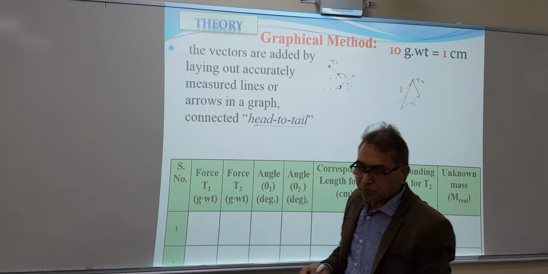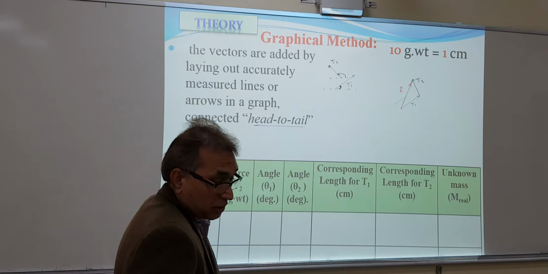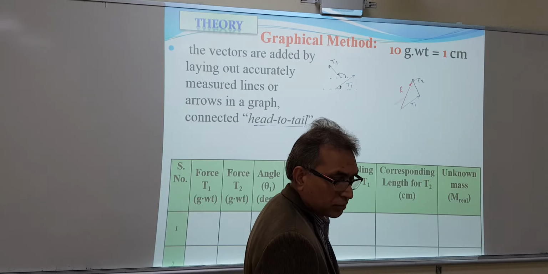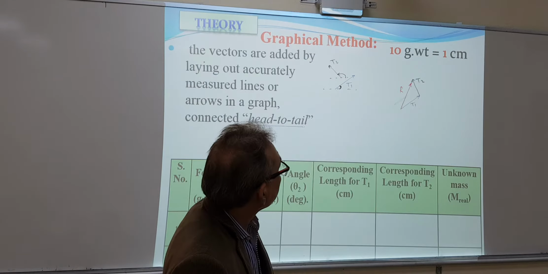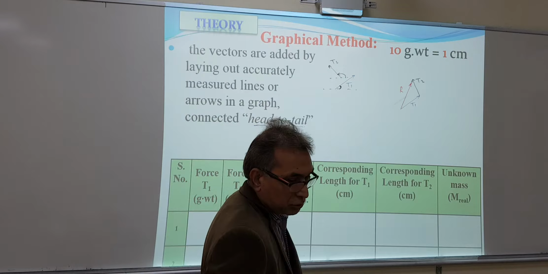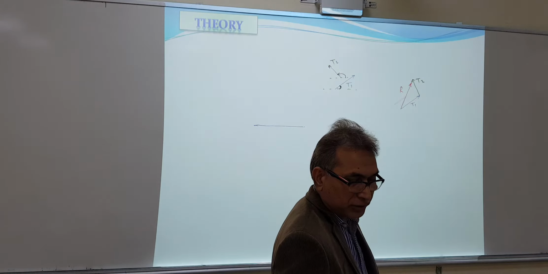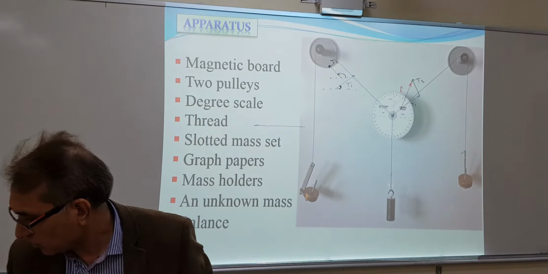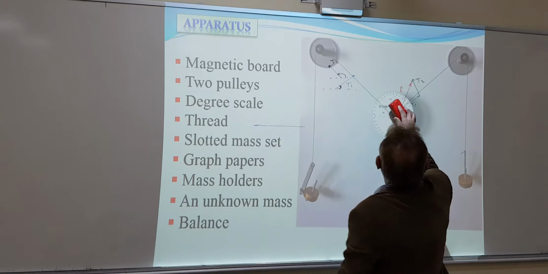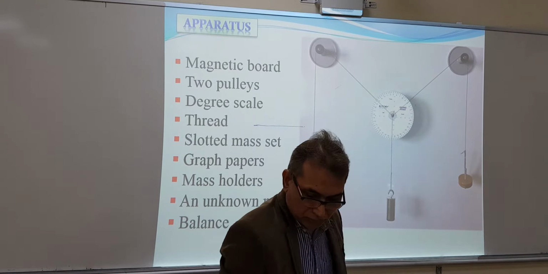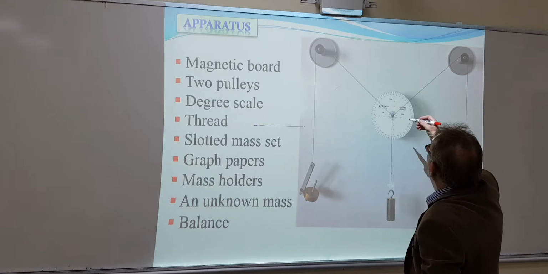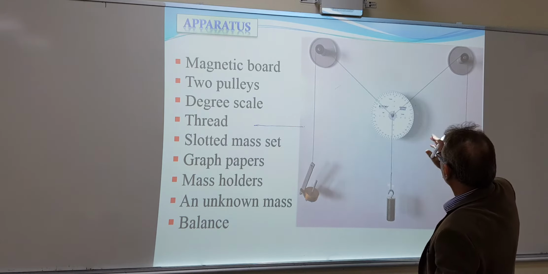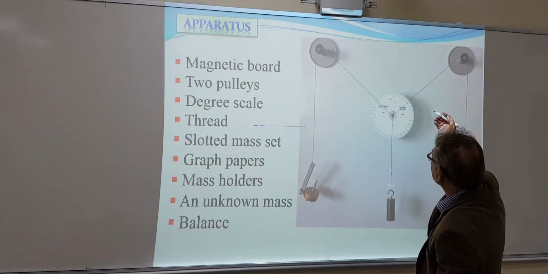Okay, right. Now what we do here, in fact, in this experiment I will show you that once you hang two masses like this, you see what happens when you hang some masses with the ropes and strings, it is under tension.